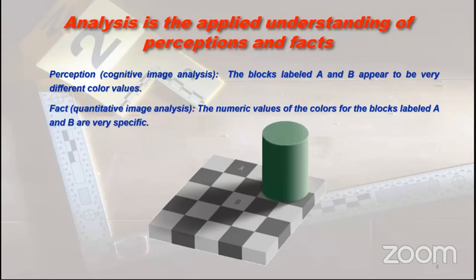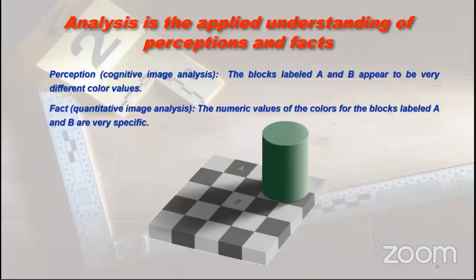And when we start looking at the color values, we need to be able to do a quantitative analysis of those colors so that we can make an appropriate assessment of the type of image that we're dealing with. Is there distortion? What are some of the other issues that are going on?